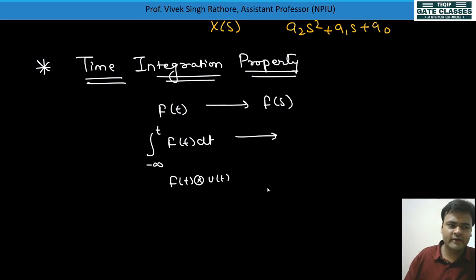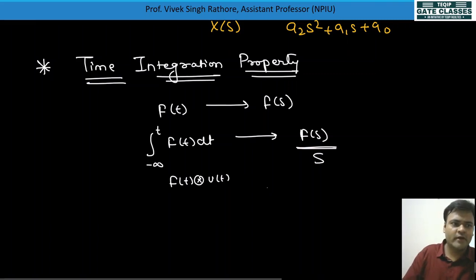The Laplace transform of f of t is F of s, and the Laplace transform of u of t is 1 by s, and convolution means multiplication in the frequency domain. So it is F of s by s. So ultimately, this is the formula for integration.